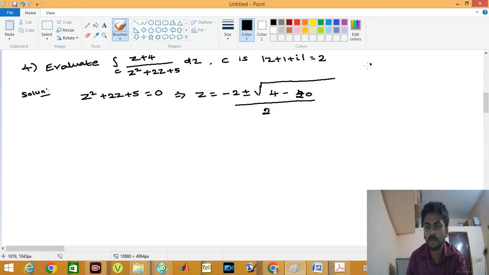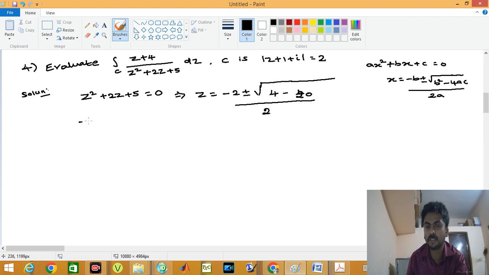I shall write here the formula: when the equation is in the format ax square plus bx plus c equal to 0, the solution will be x equal to minus b plus or minus root of b square minus 4ac divided by 2a. So by using this formula we are obtaining this.